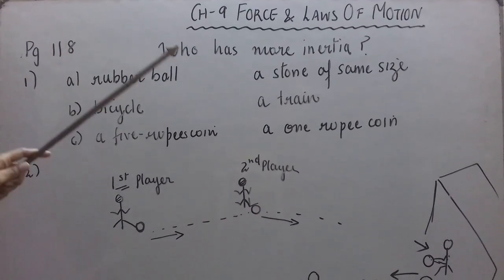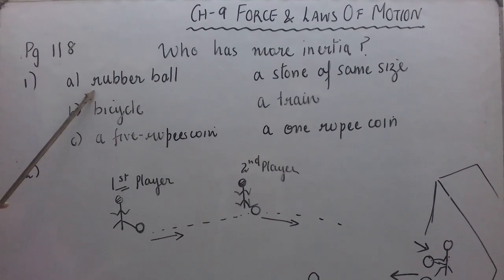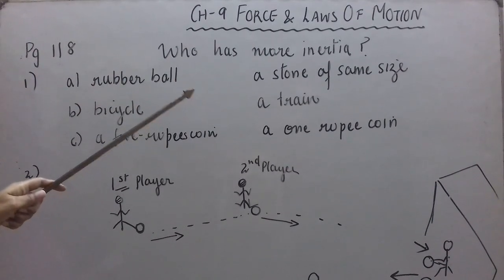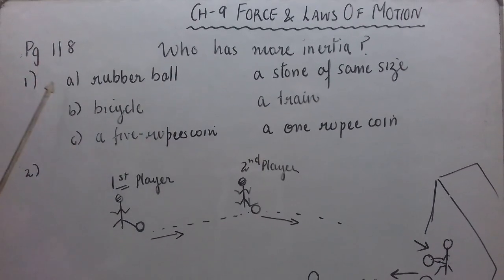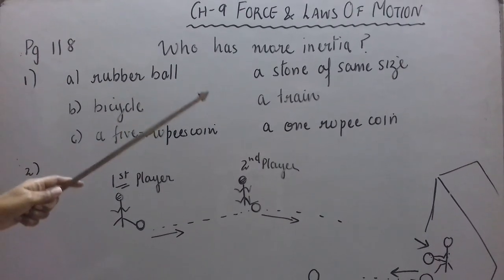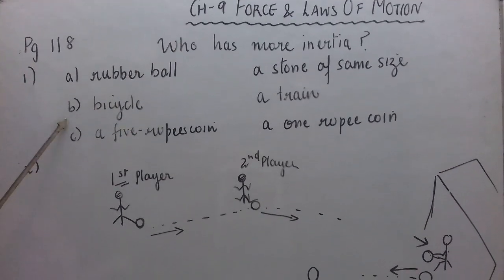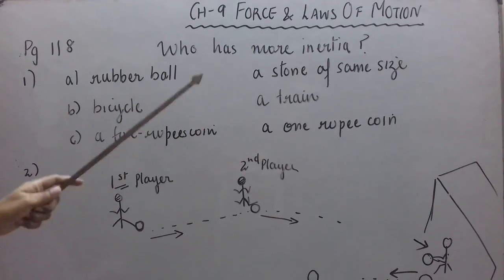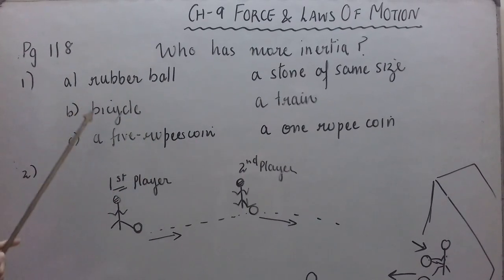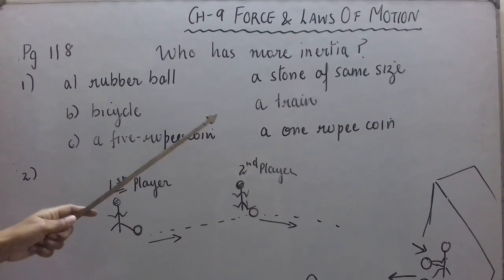You know that inertia is measured by the mass of a body. So when we compare a rubber ball and a stone of same size, the stone obviously has more inertia. In the second case, we have a bicycle and a train, and all of us know that a train has more mass than a bicycle, so a train has more inertia.